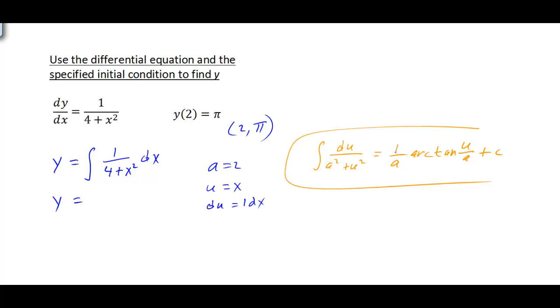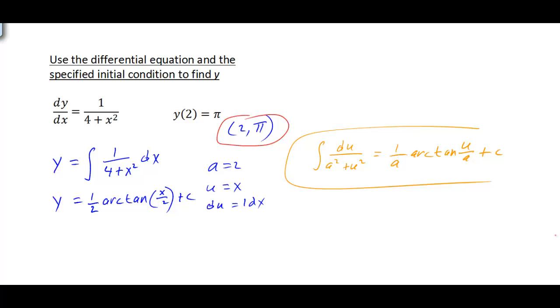So we simply plug into the formula 1 over a, so that's 1/2 the arctangent of u over a, so that's x over 2, plus c.